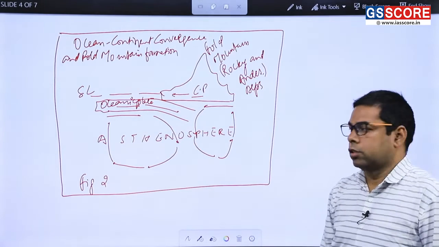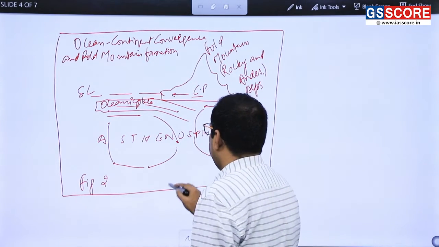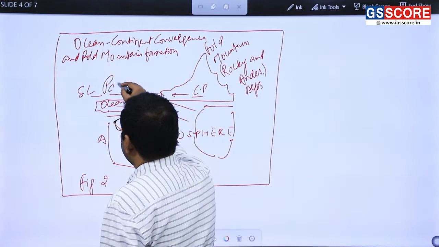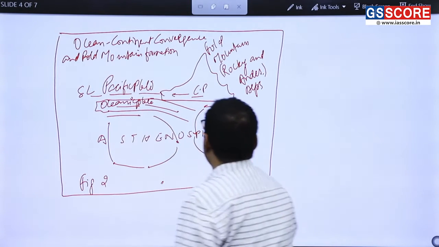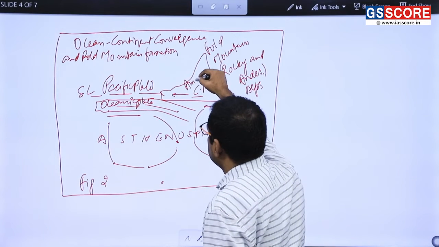Fold mountain formation. So this is the Pacific plate, right? And this is the American plate.